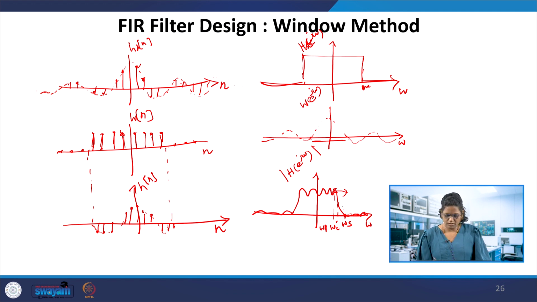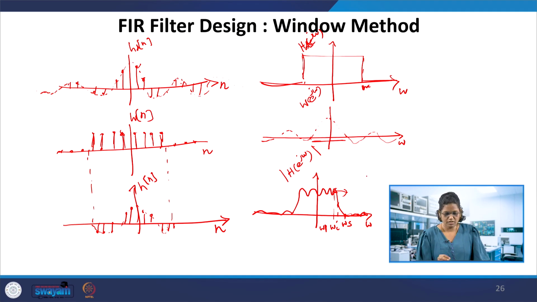But if we want a lesser transition width, the side lobe should be minimum, while the windows give a larger main lobe width when the side lobe reduction is good. So there will be a trade-off in the design. How much transition band, and what ripples are allowed, needs to be decided, and the trade-off should be taken care of in the design process.